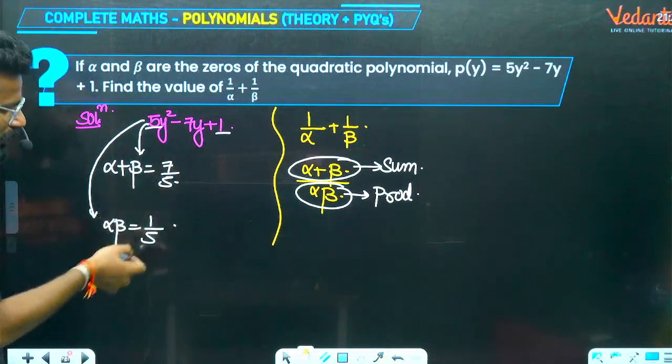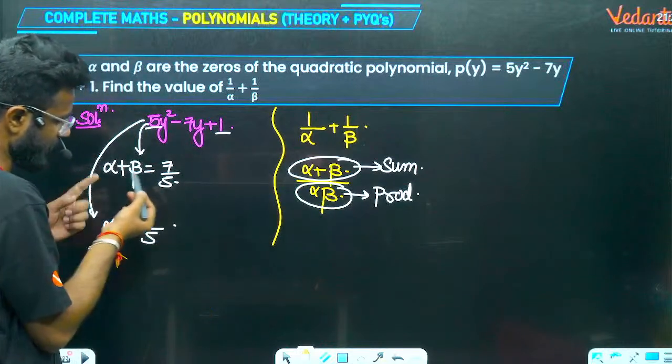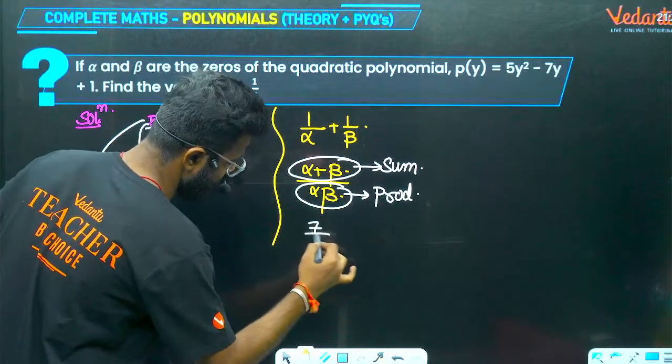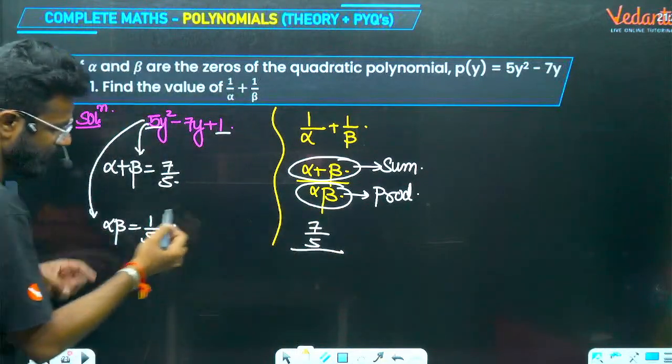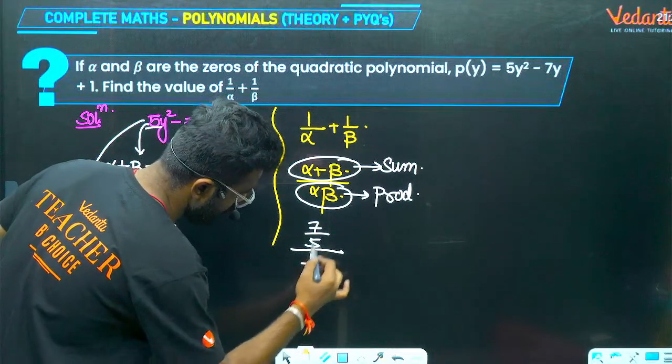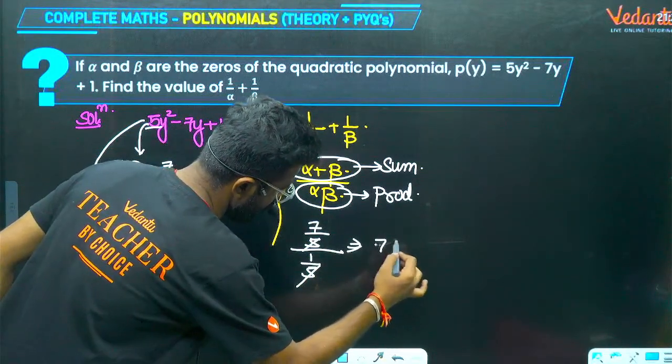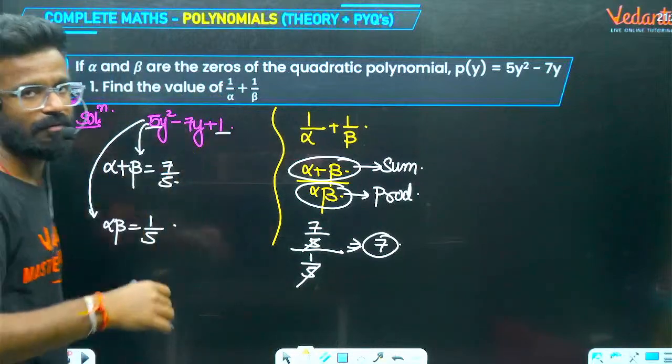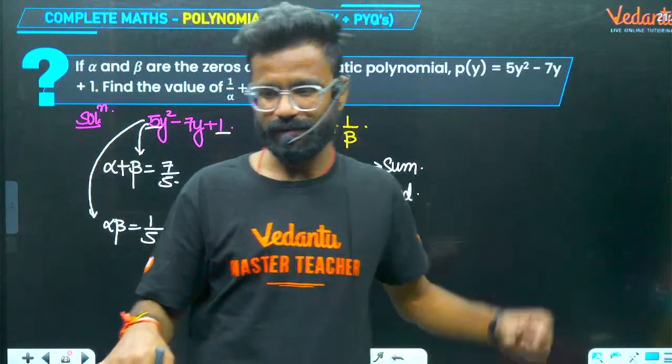Simply put these things in this. We get alpha plus beta as 7 by 5 upon alpha beta as 1 by 5. 5 and 5 cancel, we get 7. So the value of 1 upon alpha plus 1 upon beta is 7.